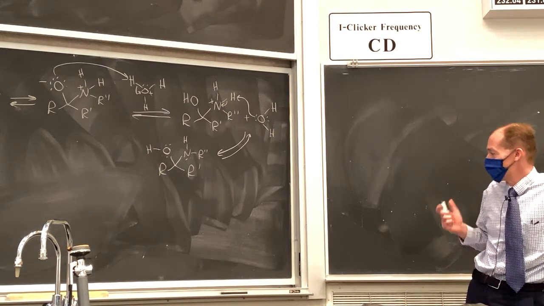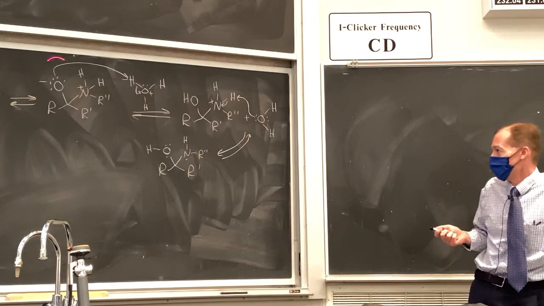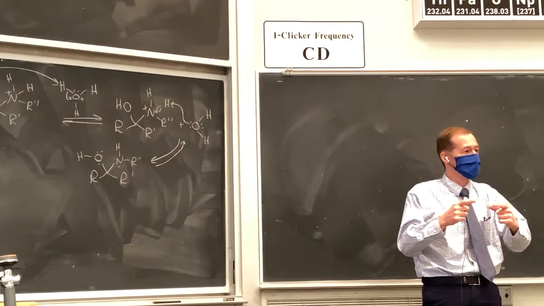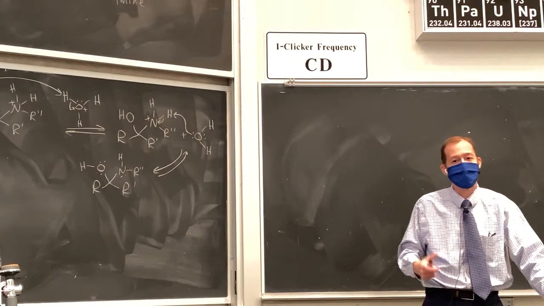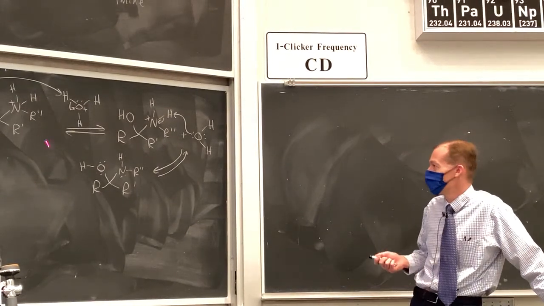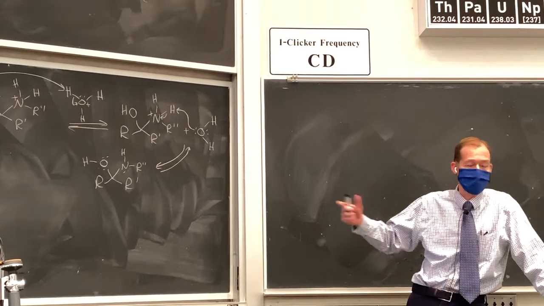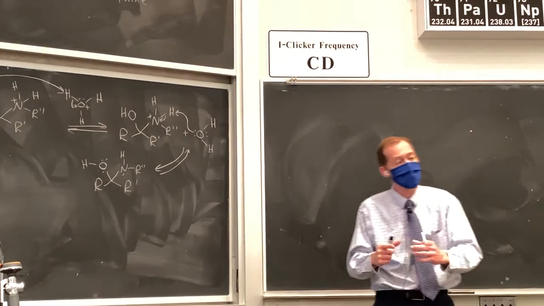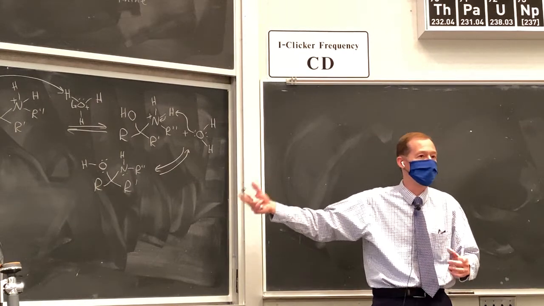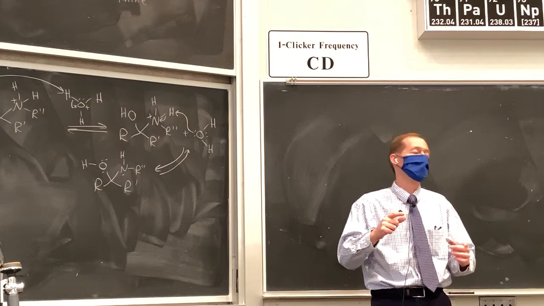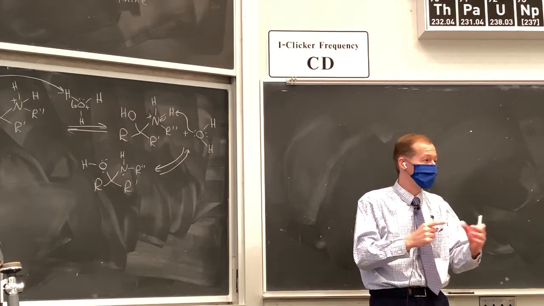So these 2 steps happen faster than the time it would take to organize that strained 4-membered transition state to do that proton transfer in an intramolecular fashion. So it's better to draw the mechanism in the way that we've drawn it here. We can have 4-membered cyclic transition states. We have one in the Wittig reaction that we just talked about, but there's a special driving force in that case. We're forming that very strong phosphorus-oxygen bond.